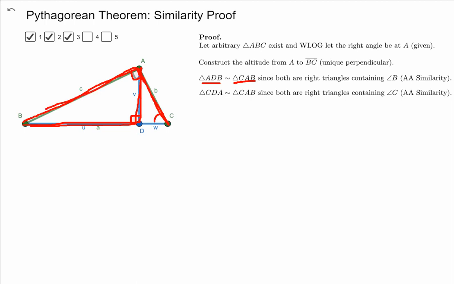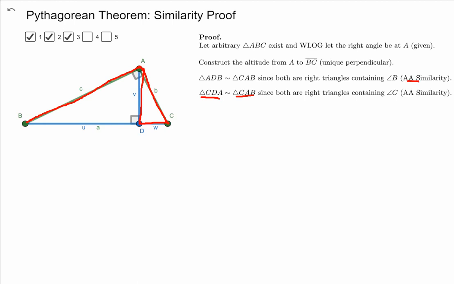It is important to make sure that you label the triangles in the right order so that we have the actual correct triangles that are similar to each other. So CDA goes short leg, long leg, and the same way CAB again, short leg, long leg.